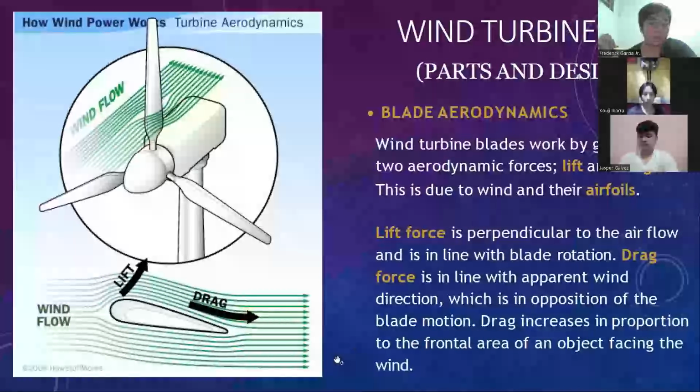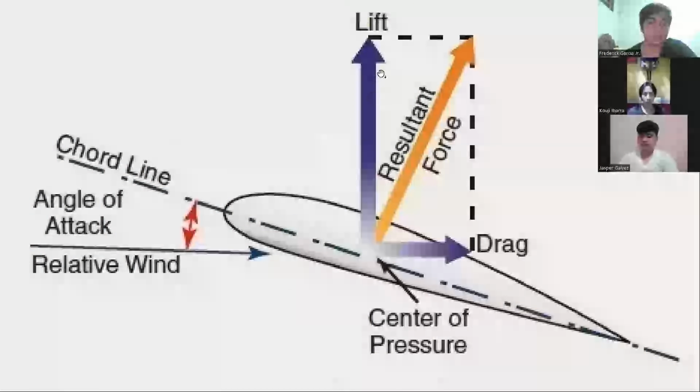Or we can look at it a different way using vectors. The lift and the drag are the component vectors of the kinetic energy from the wind. Here we see the resultant force from the relative wind. You can see the lift is actually a component vector of this resultant force.